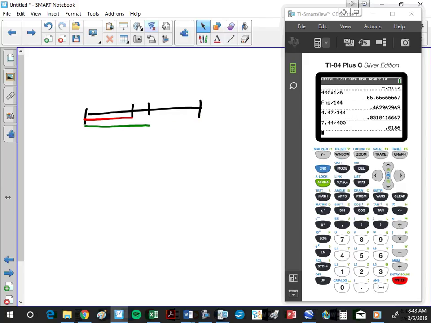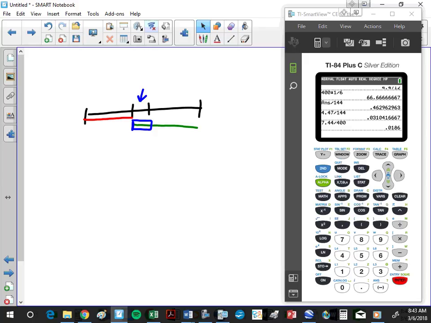Okay, but I also know that if I take the red length and subtract it off of the green length, this length right here represents that length right there. Agreed? Okay. But if I flip this over, oh, that blue thing was supposed to come with it, then that blue is in the same place.